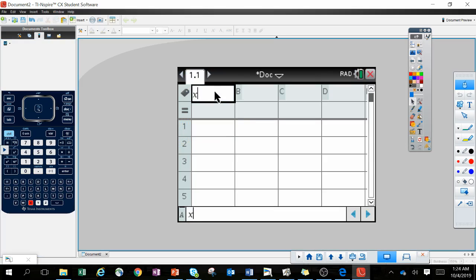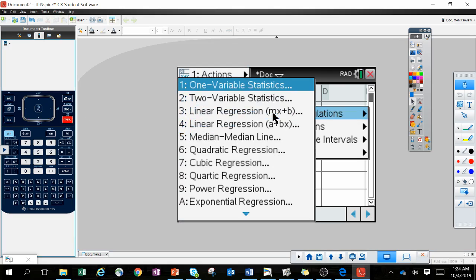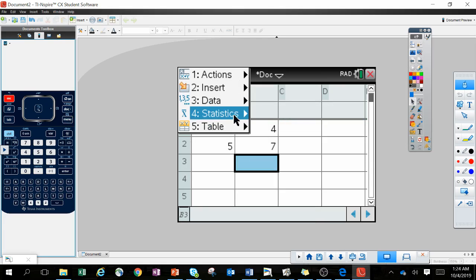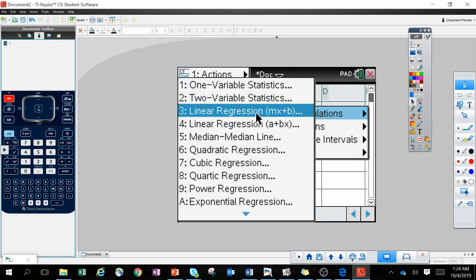Up here, all my x values. And as Jocelyn told us a couple weeks ago, or days ago, all you really need is 2 points. So whatever points you have from a graph or from a table, plug them in here. I'm just making up numbers right now. And then remember, we're going to press menu, statistics, stat calculations, linear regression, mx plus b. So one more time, that is menu, statistics, stat calculations, and mx plus b.